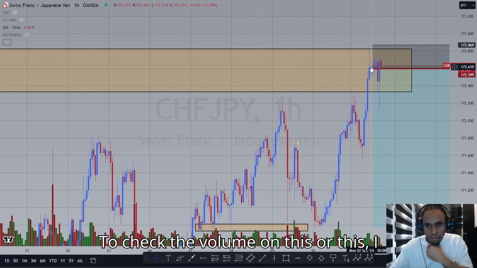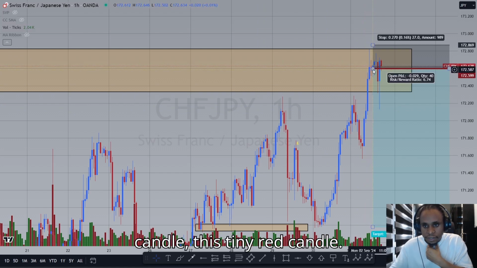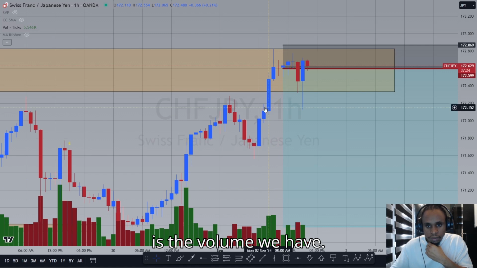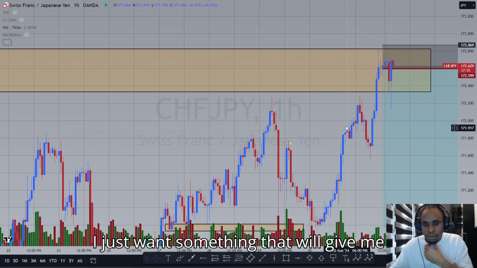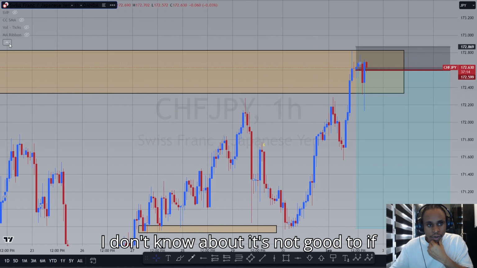I want to check the volume on this tiny candle, this tiny red candle. I want to check the volume here. So this is the volume we have. I just want something that will give me more confidence. I don't know, but it's not good.